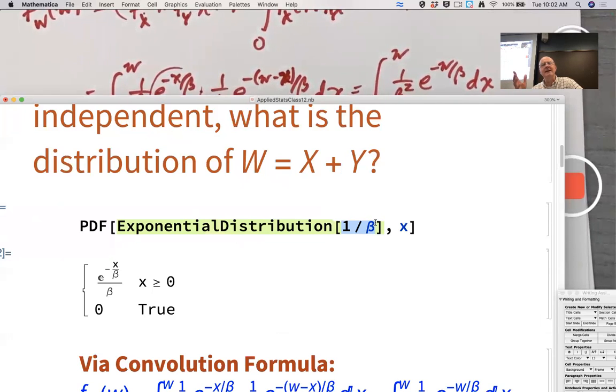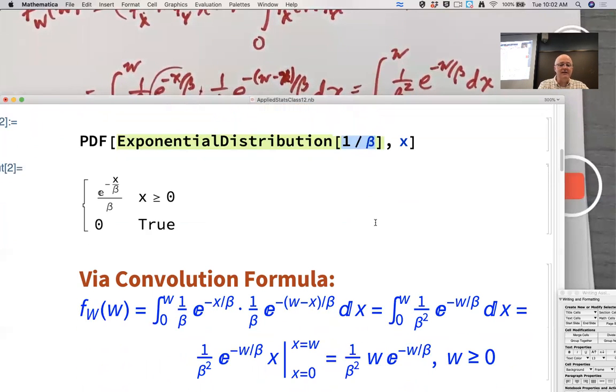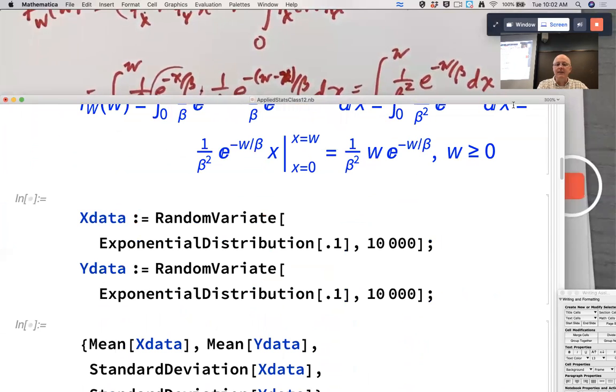If the Poisson is like the count of cars that come into an intersection during an hour, and the parameter is lambda for the average number of cars that come in an hour, 1 over lambda is the beta for an exponential that gives you the wait time between cars coming into the intersection. If that went over your head, don't worry about it, but that's something to keep in mind.